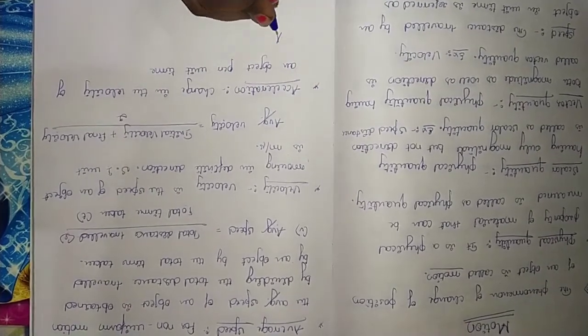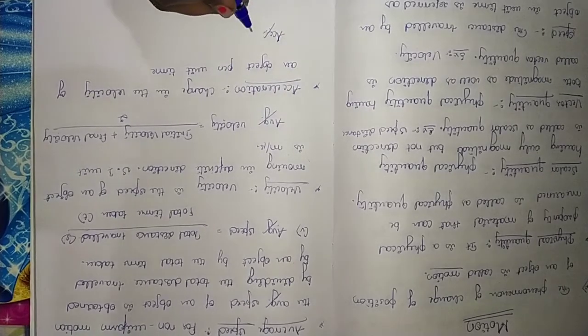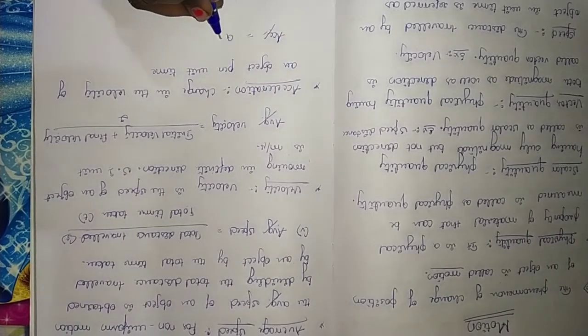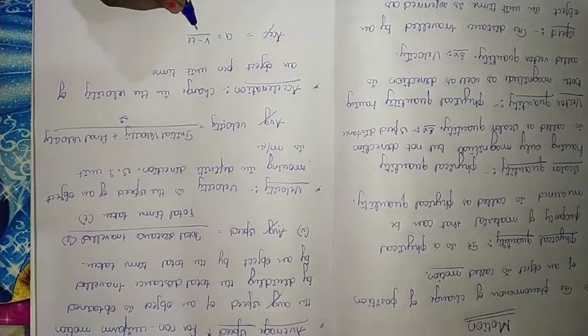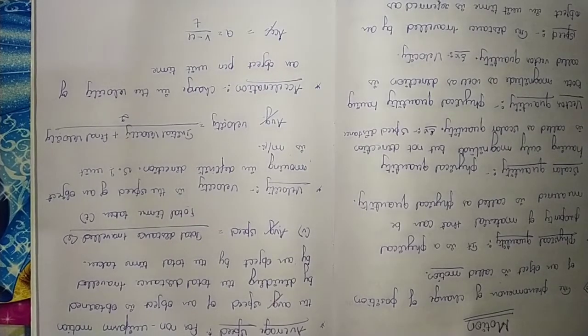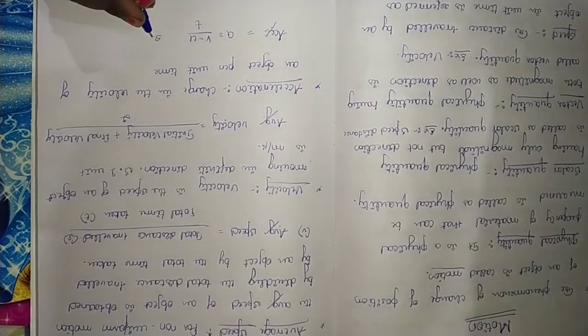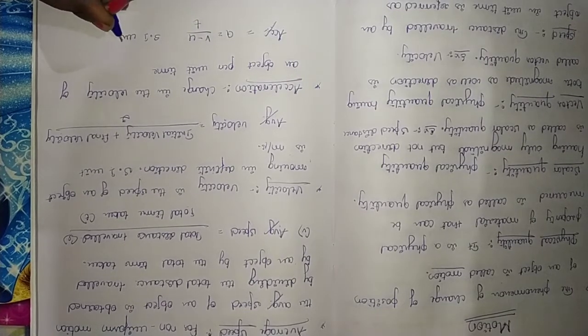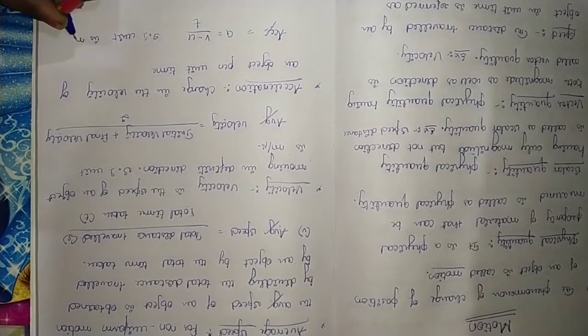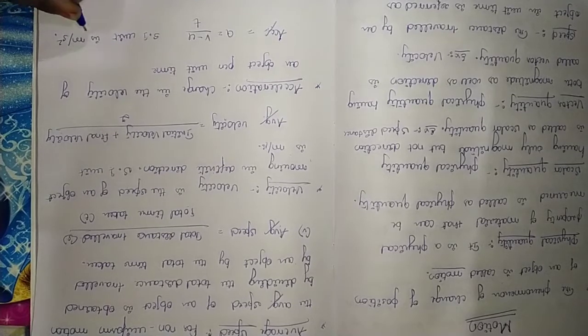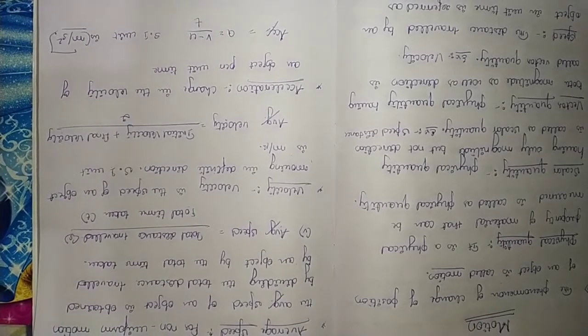So acceleration, I'll write it as ACC, A is equal to V minus U divided by T is the formula that we have. And the SI unit here is meter per second square. Okay, here it is meter per second square.